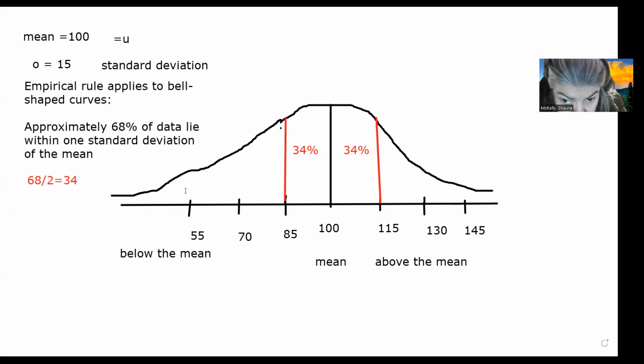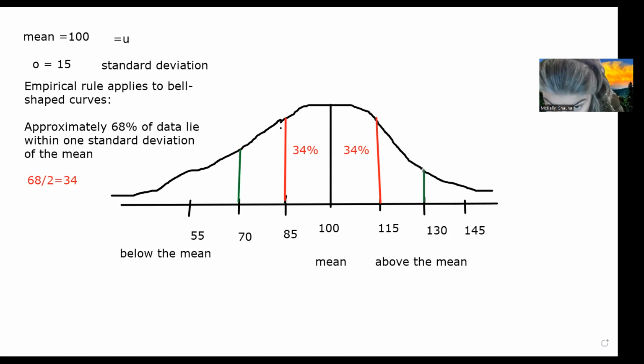Now we're going to do 2 standard deviations because the empirical rule says something about that. I'll put that in a green line here. Let me change colors once again. So now I am at 2 standard deviations between the green lines, 70 and 130.